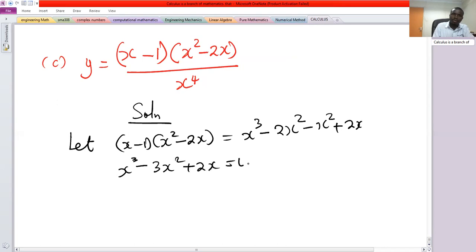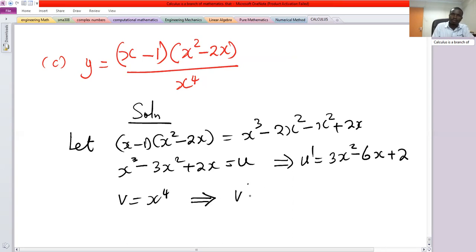So let this one be u and v to be x power 4. So this means u prime will be 3x squared minus 6x plus 2. And this means v prime is 4x power 3.